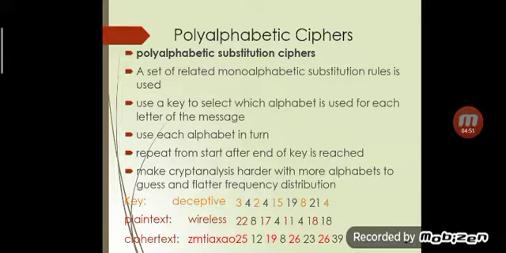Likewise, we first put numbers instead of letters. Now we have to convert our plain text into the ciphertext.